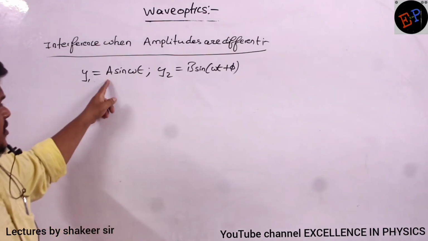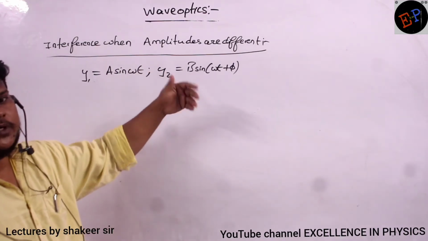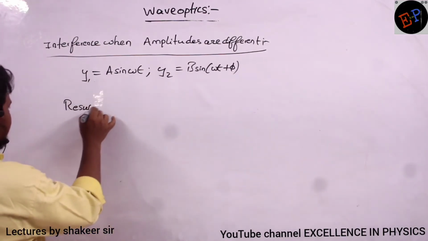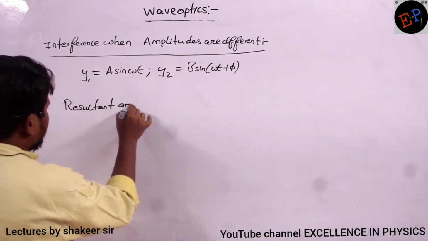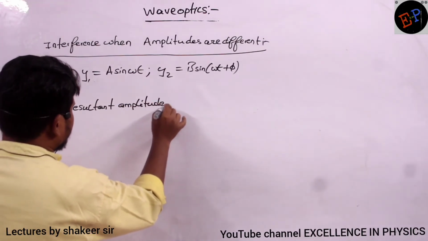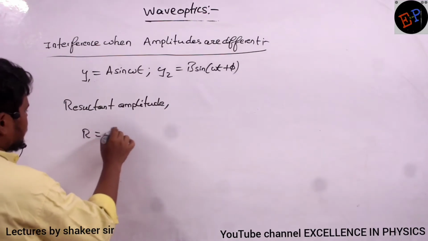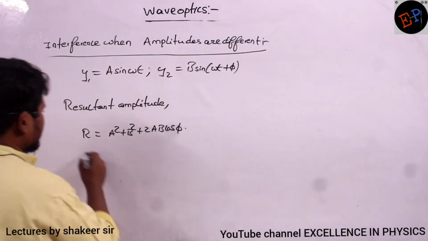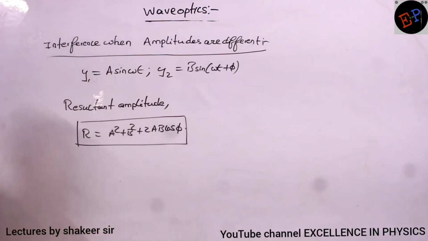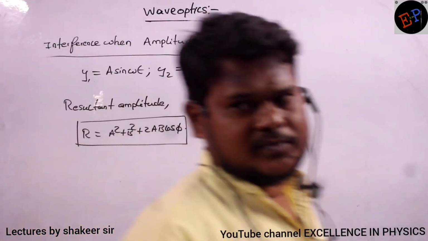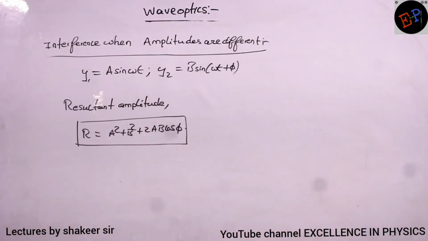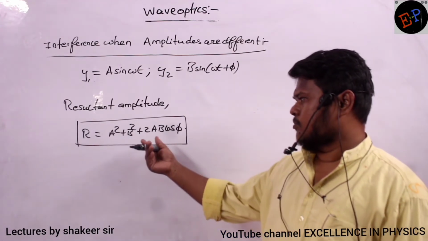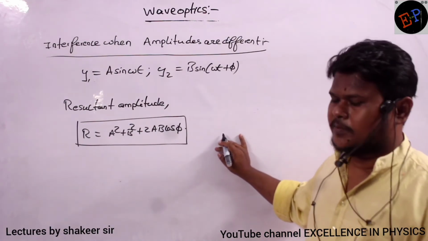First one is having amplitude of A, second wave is having an amplitude of B. Then in this condition, resultant amplitude is given by R is equal to the square root of A square plus B square plus 2AB cos phi. This equation you should remember.